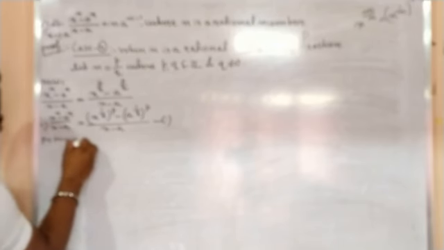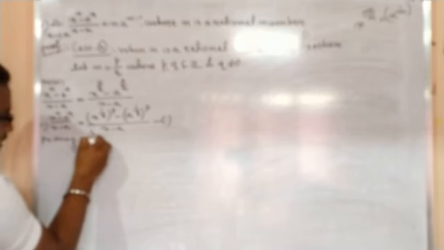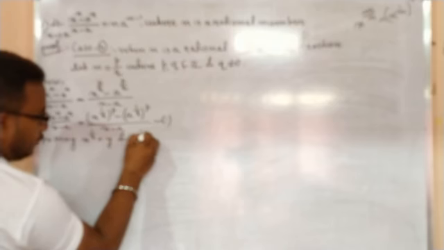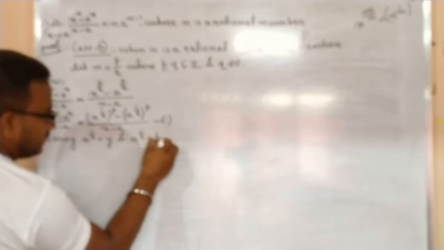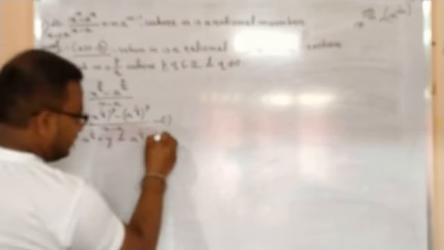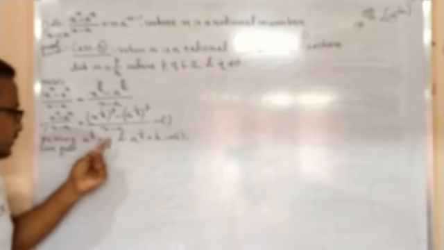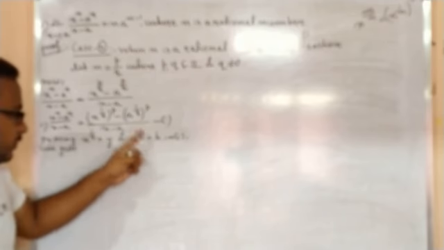So putting x to the power 1 by q equal to y and a to the power 1 by q equal to b in 1, we get... What I have put is x to the power 1 by q equal to y and a to the power 1 by q equal to b.